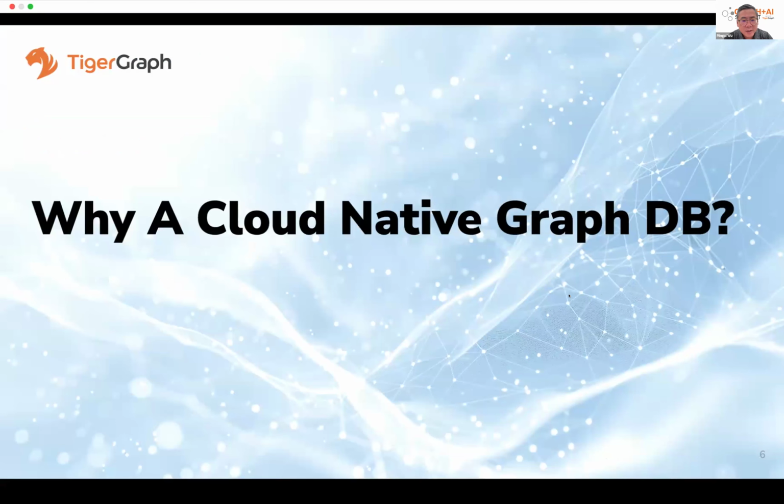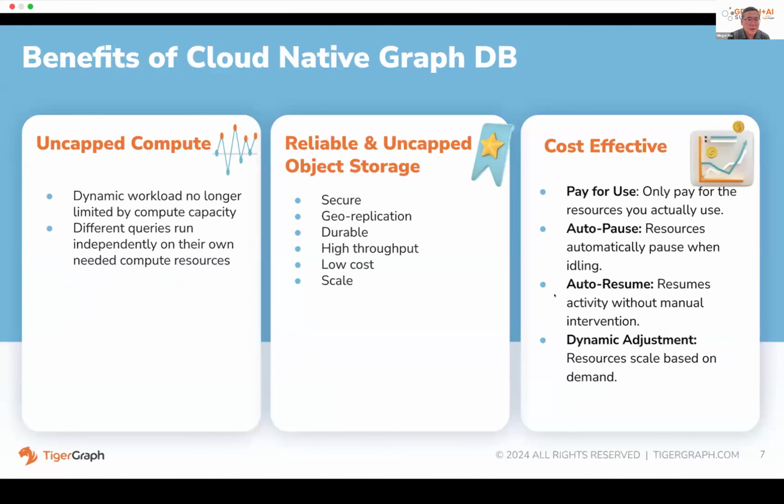So seeing the benefits of graph for your data lake, I want to discuss briefly why we want a cloud native architecture. Traditionally, when people purchase Oracle or any relational database like Teradata, they need to go through a long provisioning process. They need to contact their IT department and predict their compute capacity and storage capacity.